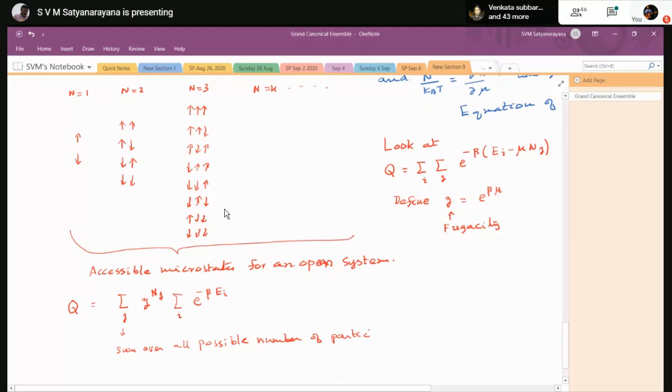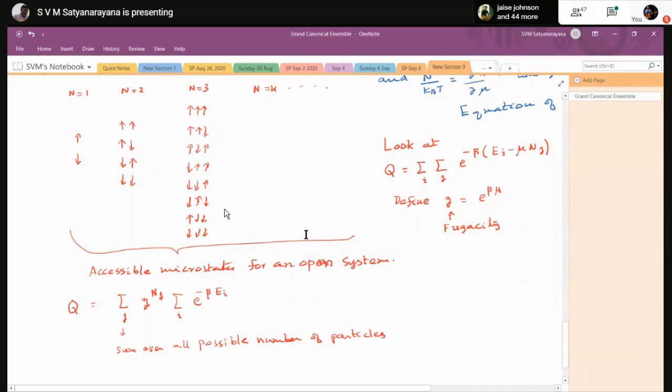You can understand this if you look at this table. I have one particle, two particles, three particles, and so on. How many microstates are there for one particle? There are two, here there are four, here there are eight, like that.